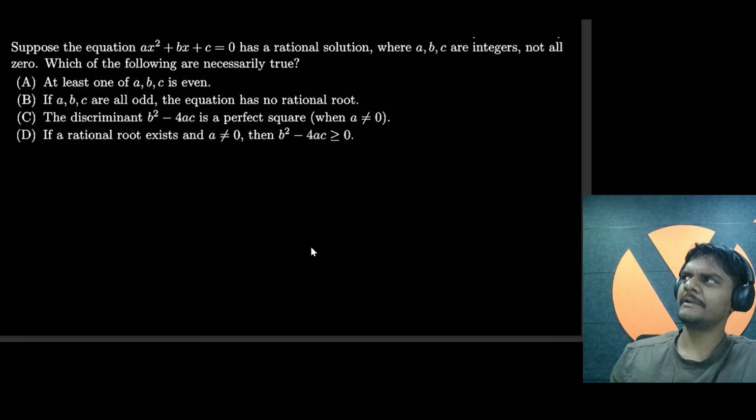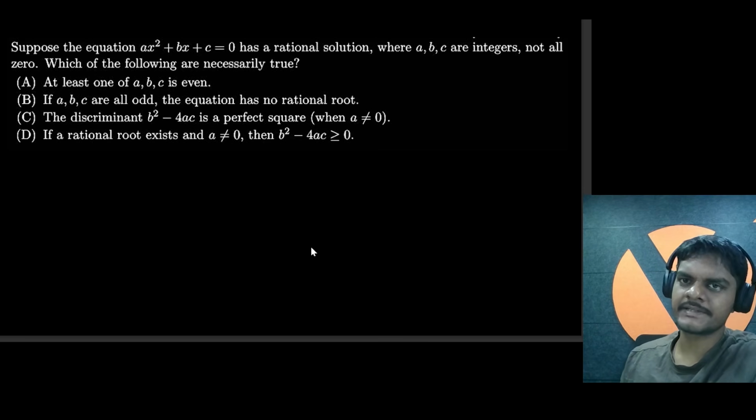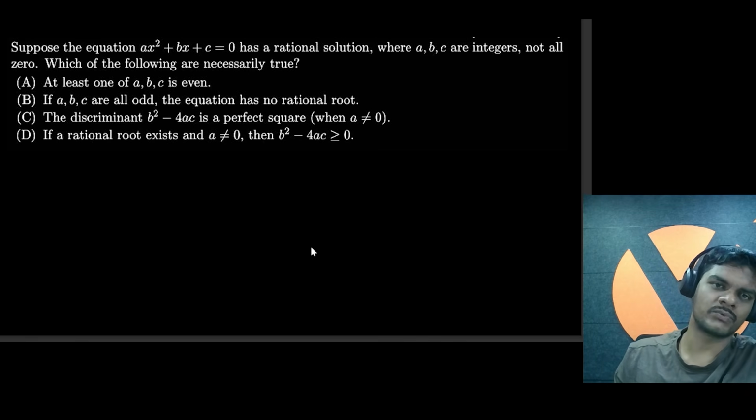Again, please pause the video and try the question. Suppose this quadratic equation has a rational root, where a, b, c are integers, not all 0. Which of the following are necessarily true?